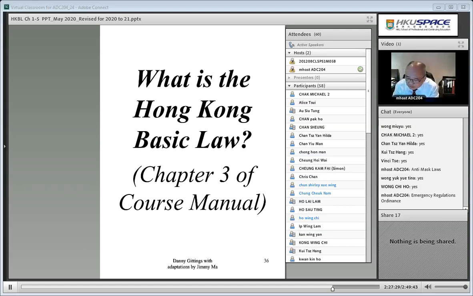If you wear a face mask for health reasons, under the anti-mask law, it is not unlawful. It is a reasonable excuse. Right? So the Basic Law is important there.